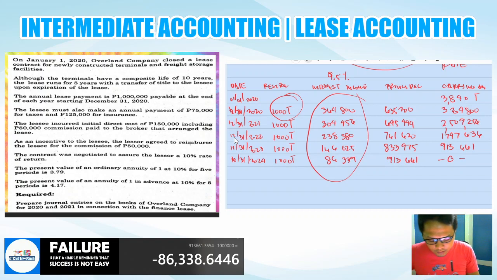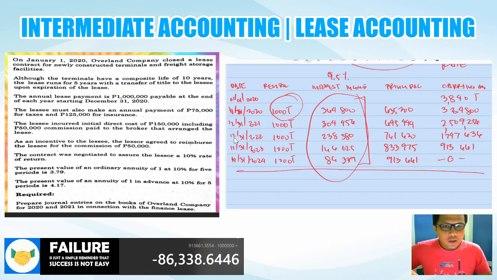But before our entry, let us first check the amortization schedule. Let us total this, to see if it matches our unearned interest income. That is 364,800 plus 304,456 plus 238,380 plus 166,025 plus 86,339.